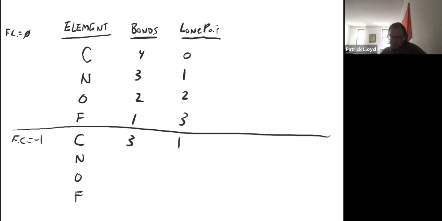And this would be 2 bonds and 2 lone pairs. And this would be 1 bond and 3 lone pairs. And for fluorine, 0 bonds and 4 lone pairs. Okay. So that's for formal charge of 0, and of -1.